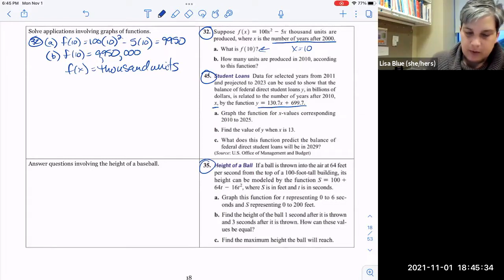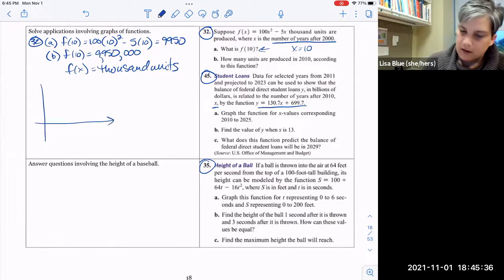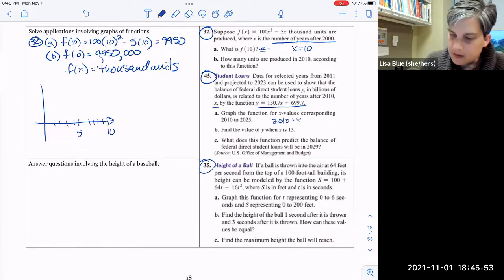Okay, so we would graph the function for x values corresponding to 2010 to 2025. Okay, and so if we were graphing this, we would go say, 5, 10, 2010. So 2010 would be x equal to 0, and 2025 would be, let's see, years after 2010. So this would be 2010.